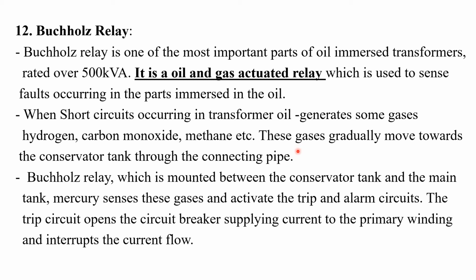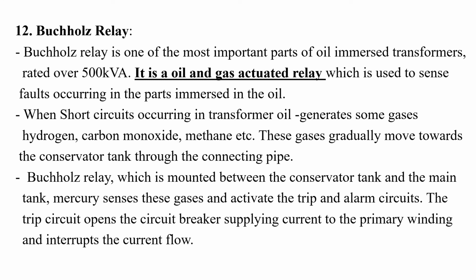Already we have seen that the conservator is connected to the main tank through a pipe. When any severe fault or any fault occurs in the transformer main tank, that will lead to the formation of these gases, and these gases will also flow through this pipe to the conservator, and between this main tank and the conservator, Buchholz relays are provided.